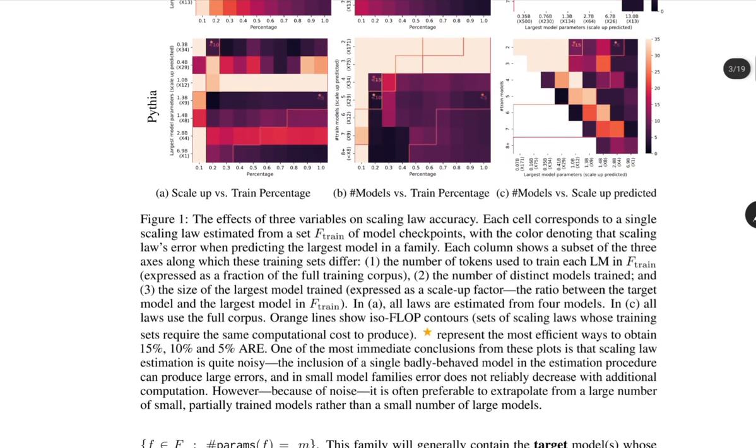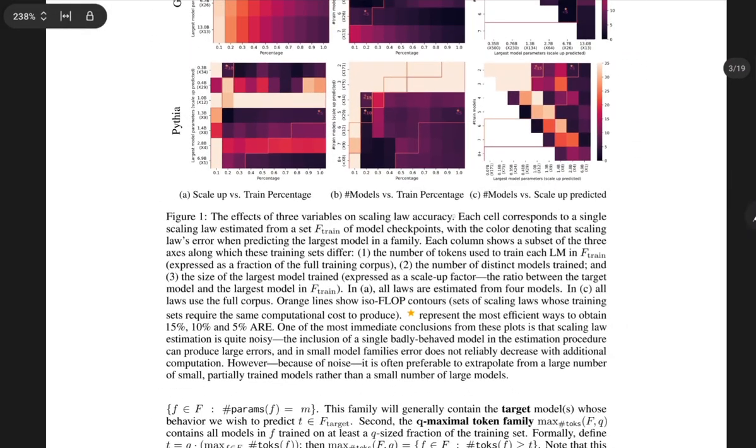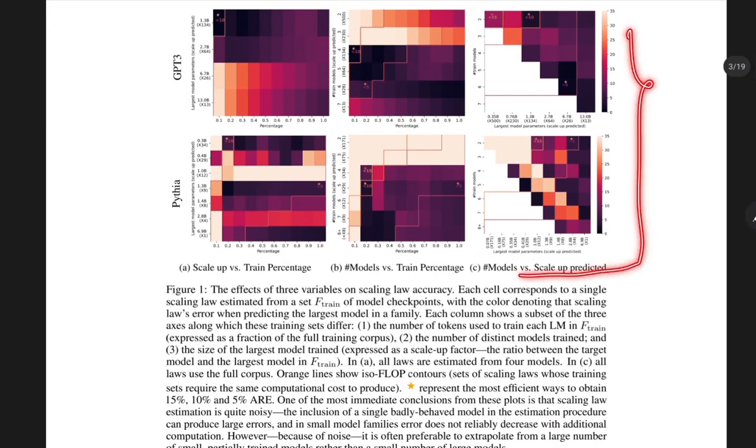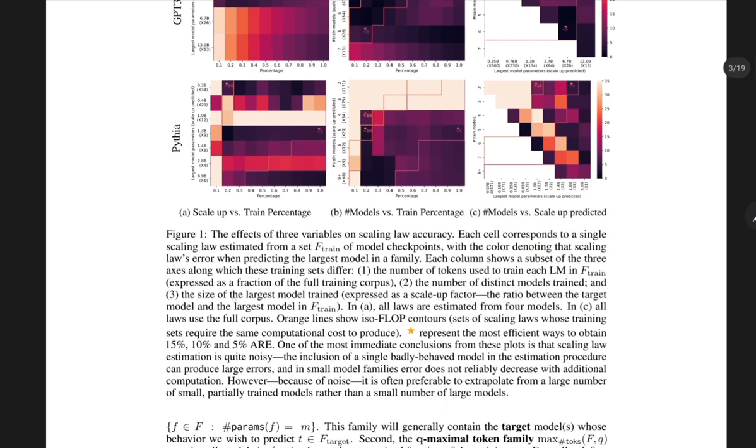Now, if you read what they are saying, the effects of three variables on scaling law accuracy, each cell corresponds to a single scaling law estimate, because this was the part that we were talking about, the AC, right? Models versus scale up predicted, we were talking about in the previous one. Now, if you see in the third, the size of the largest model trained expressed as a scale up factor, the ratio between the target and largest model in F train, in all laws are estimated for models.